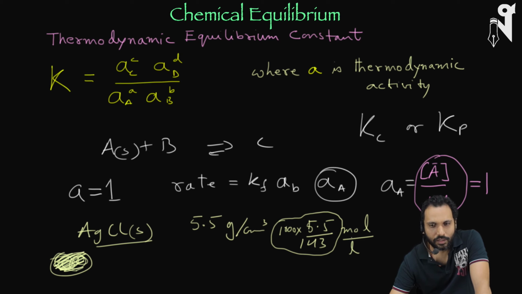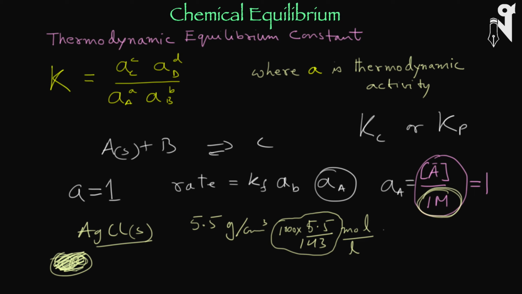Now, that much concentration with respect to its standard form. What would be the standard form of AgCl? Can it be 1 molar? Can I say that AgCl solid has a certain state where 1 mole of AgCl is in 1 liter of its solid form?